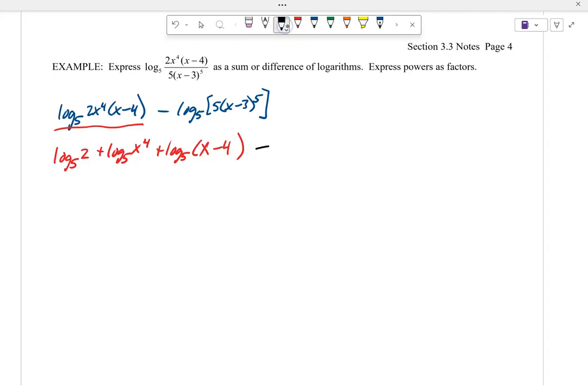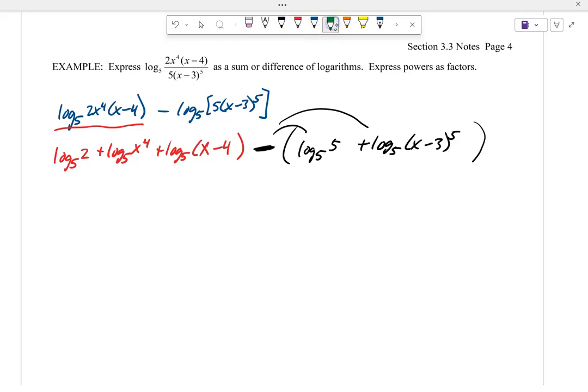And then minus, now I'm going to expand this, so I'm going to put it all in parentheses. I got log base 5 of 5 plus log base 5 of x minus 3 to the 5th. And again, don't forget that's going to distribute there.